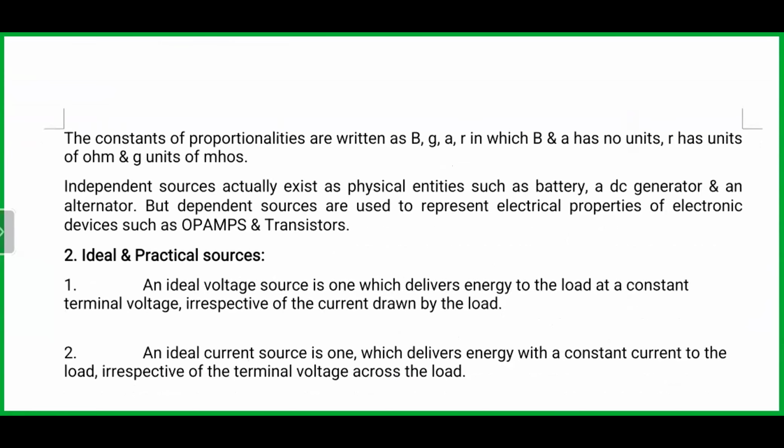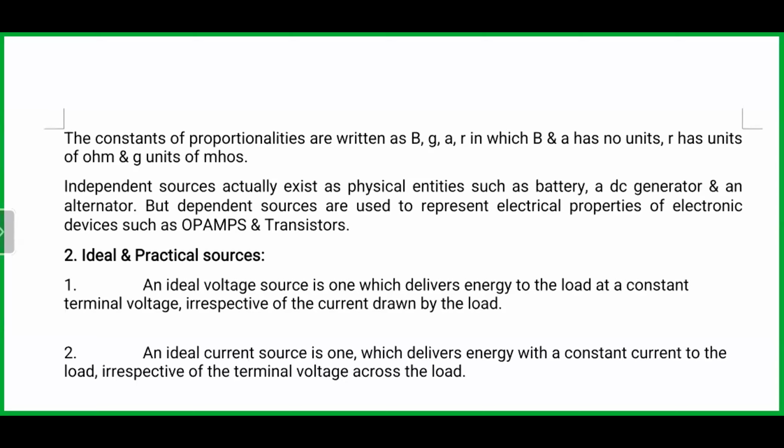Ideal and practical sources. We have ideal sources, which are mainly theoretical, and practical sources, which are actually things that are happening, or real. An ideal voltage source is one which delivers energy to the load at a constant terminal voltage, irrespective of the current drawn by the load.